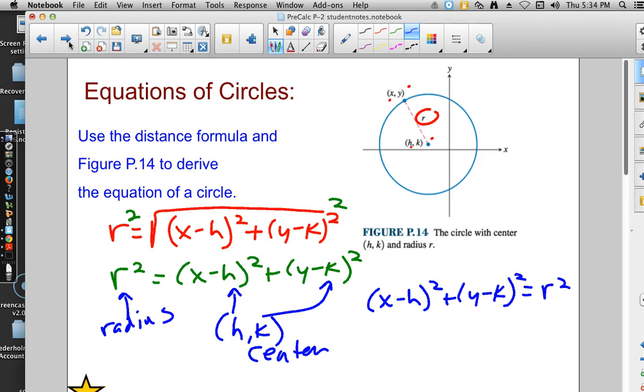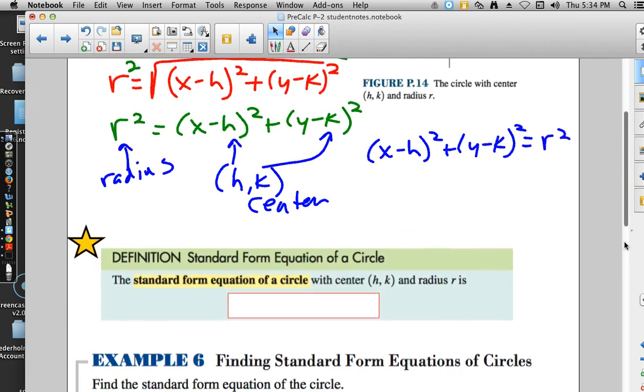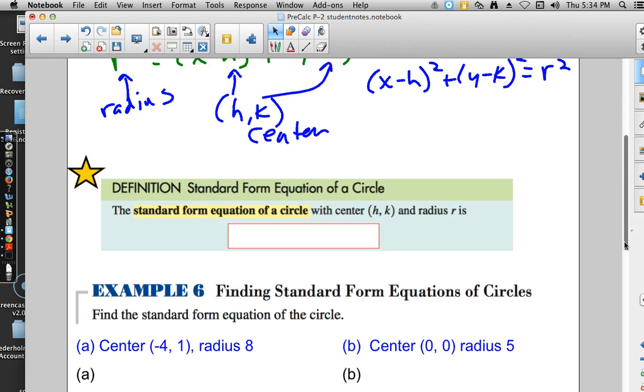The quantity (x minus h) squared plus the quantity (y minus k) squared equals r squared. But boy, is that a nice formula to work with. Absolutely nice formula to work with. So the standard form for the equation of a circle, center (h, k) and radius r, is right there. And like I said, normally the r squared is on the right-hand side.